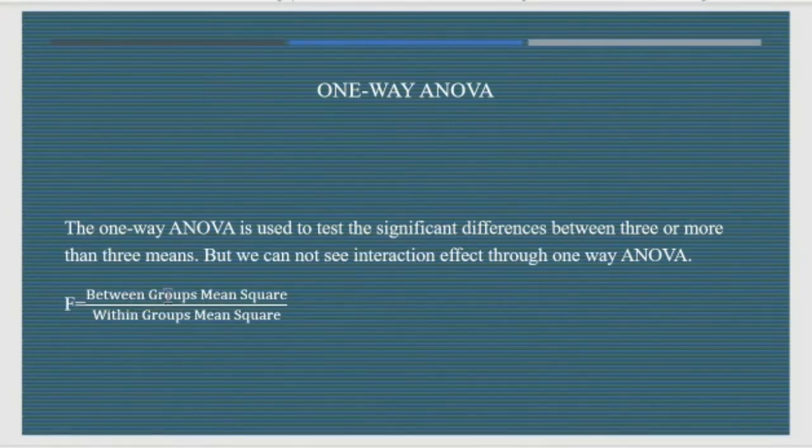Here the true variance is the between group mean square, and the error variance is the within group mean square, because we want to know the difference between groups. The variation within the group is not our concern, so any difference there is the error variance. We expect the between group mean square to be more than the within group mean square. Then only can we say that they have a significant difference, or that our IV has an effect on the DV. Is it clear? Yes.